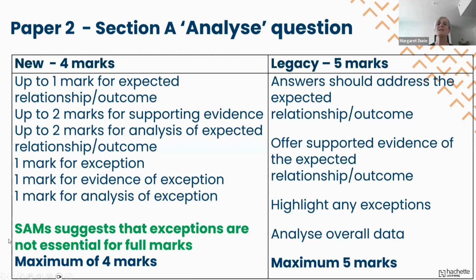So they can just identify the relationship, support it with evidence, and analyse it and get 4 marks. So I think that's a good development. The mark scheme goes on to say if they do recognise an exception, they get a mark for the exception, again a mark for evidence and a mark for analysis. And obviously it implies there they'd have to have identified the expected relationship in the first place. But I think that makes that question a little bit more straightforward.